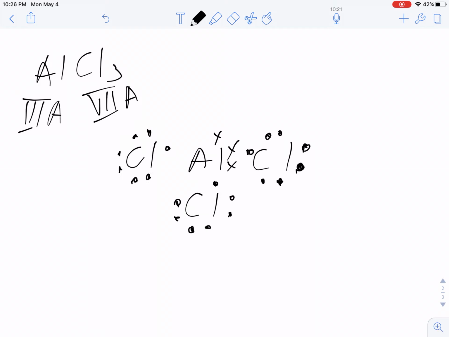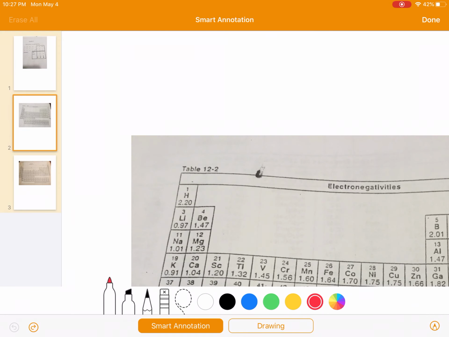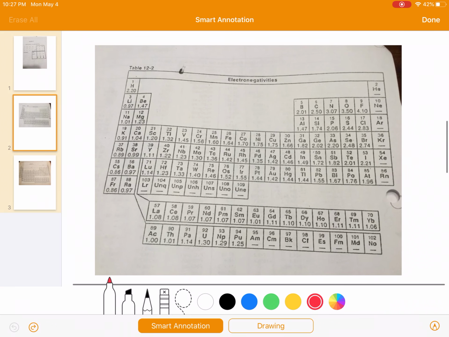Okay. I go to my electronegativity table. Chlorine is 2.83. Aluminum is 1.47.